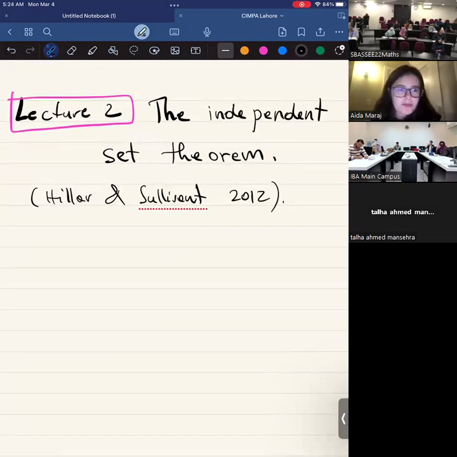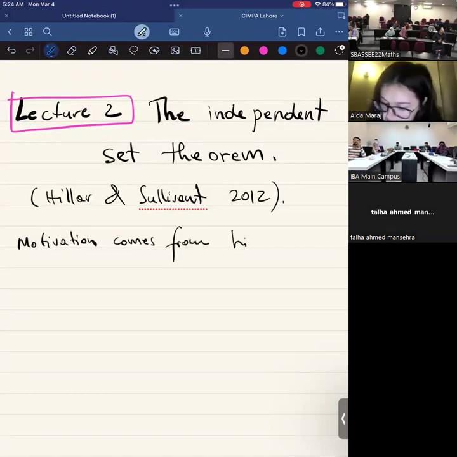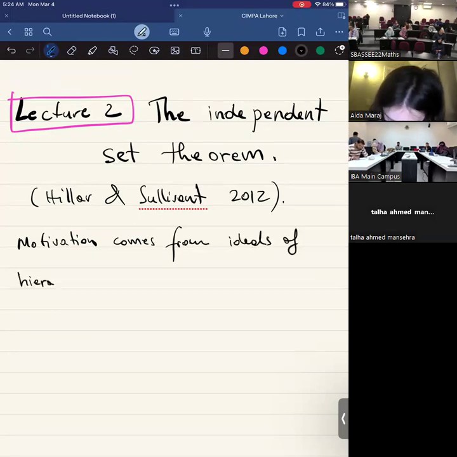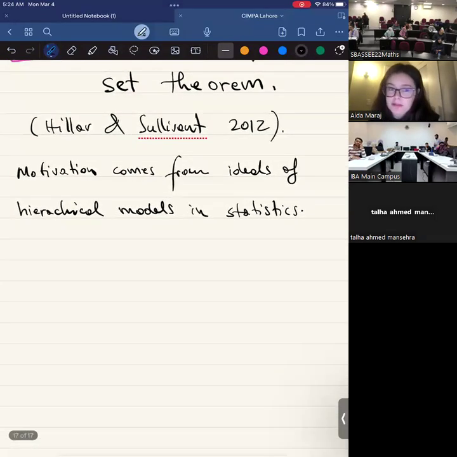So the motivation comes from hierarchical models, ideals of hierarchical models in statistics. For that we will need some notation.